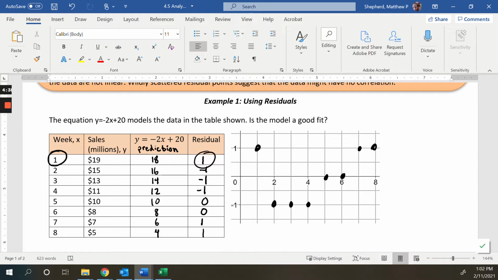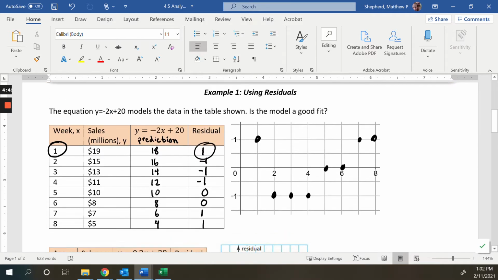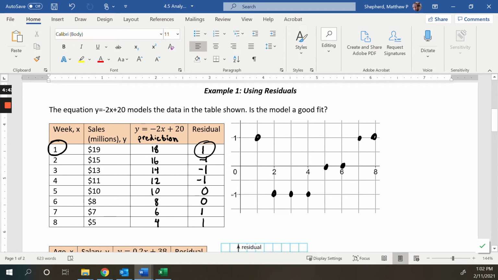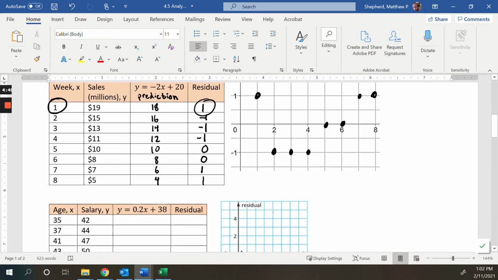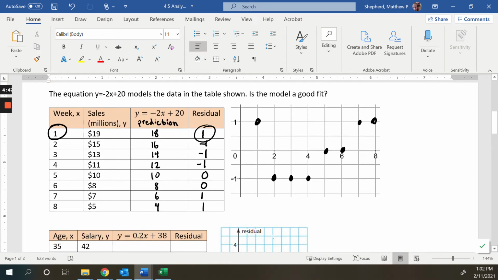All right, so there we have it for our residual plot. I do think I see a bit of an up-down pattern happening to these residuals.